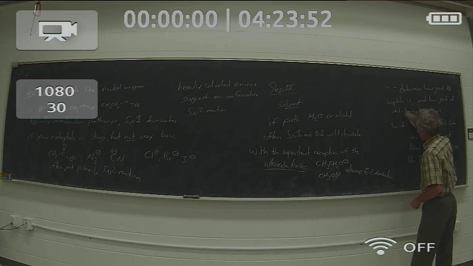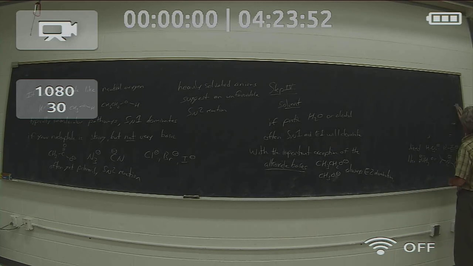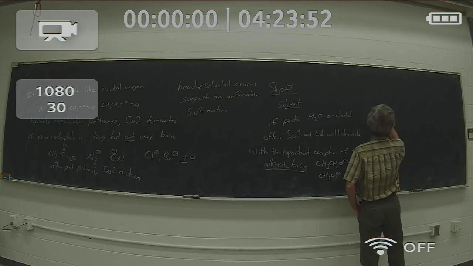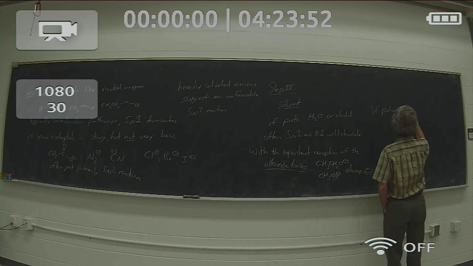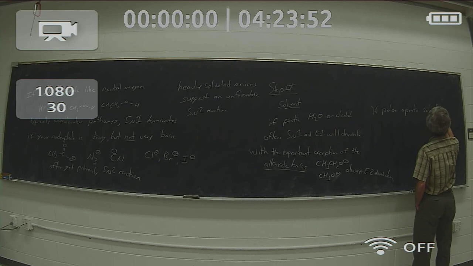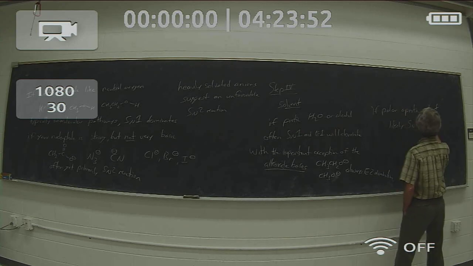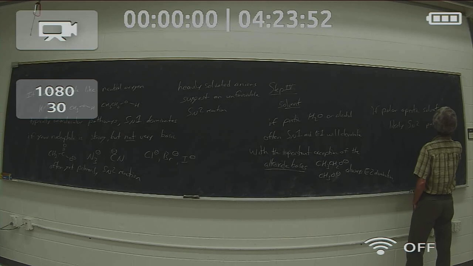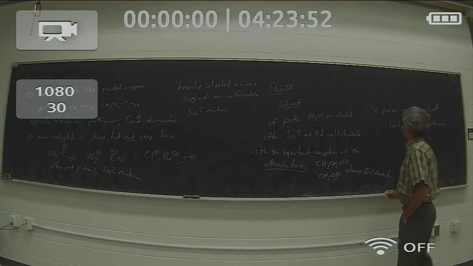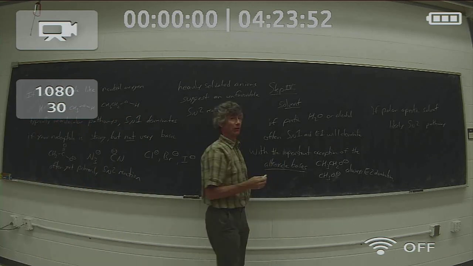Conversely, if you see a polar aprotic solvent, then the reaction is likely the SN2 pathway. There are fewer exceptions to that rule for the unimolecular pathway.